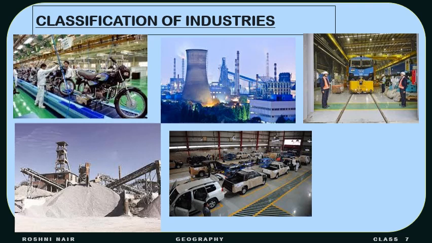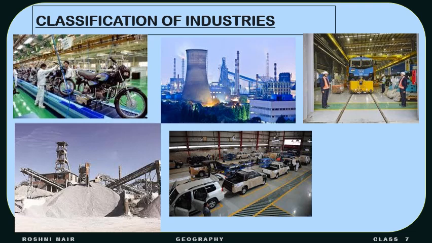You can see on the screen all these bikes and cars being manufactured; somewhere we are using iron as a raw material. Even this iron is used for building materials and also in railway coaches.